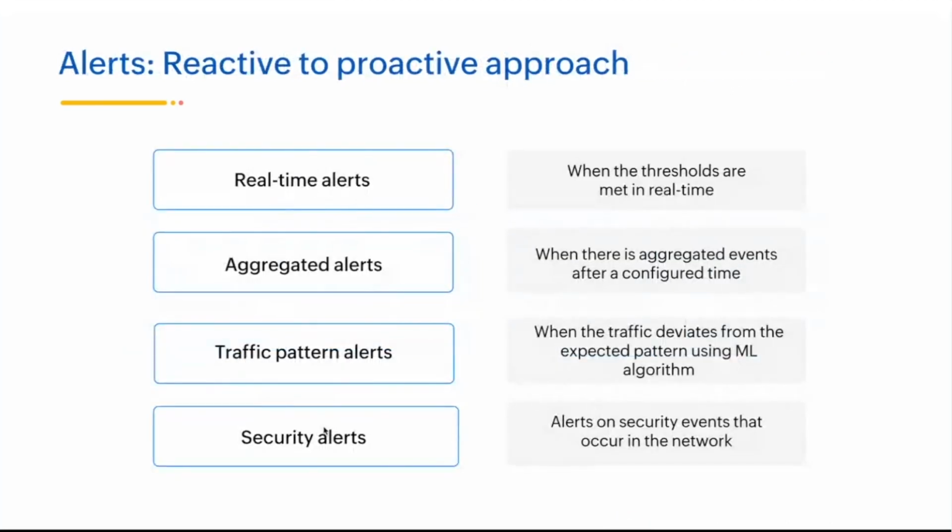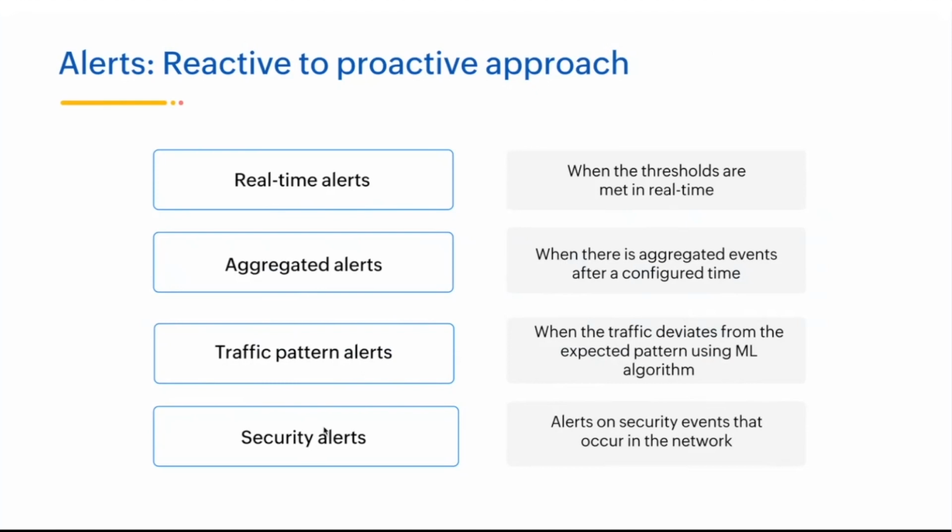Alerts from NetFlow Analyzer help you automate risk management by letting you set thresholds and alarms to notify you at the earliest sign of trouble. We've got your monitoring troubles covered with different types of alerts, as you can see: real-time, aggregated, traffic pattern, and security alerts. Real-time alerts are generated when the data usage threshold is violated more than the permitted number of times.